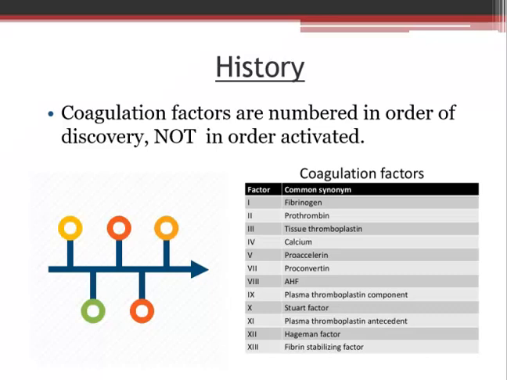So just keep that in mind when we're going over the coagulation cascade in the lecture here in a few minutes, that numbers are not going to be in order because they're numbered based on discovery order, not activation. And all 13 coag factors are written out here for you except for factor 8.